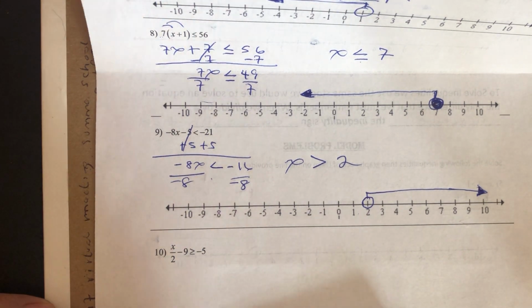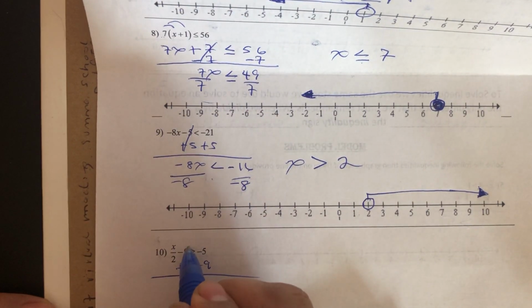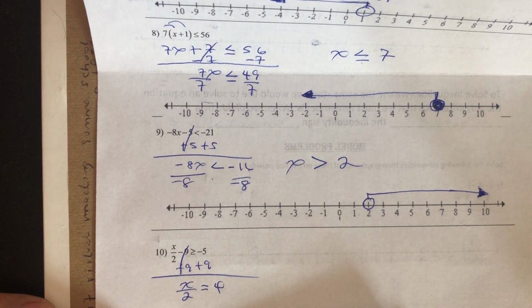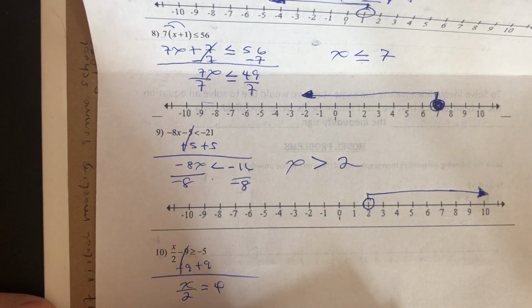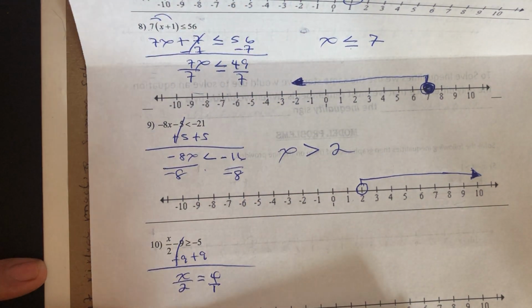Now here we have two-step equations again. So we're going to cancel the 9, okay? So plus 9, that will leave you x over 2 equals 4. Now remember, what you have to do here, guys, is if you put a 1 underneath here, you can just cross multiply.